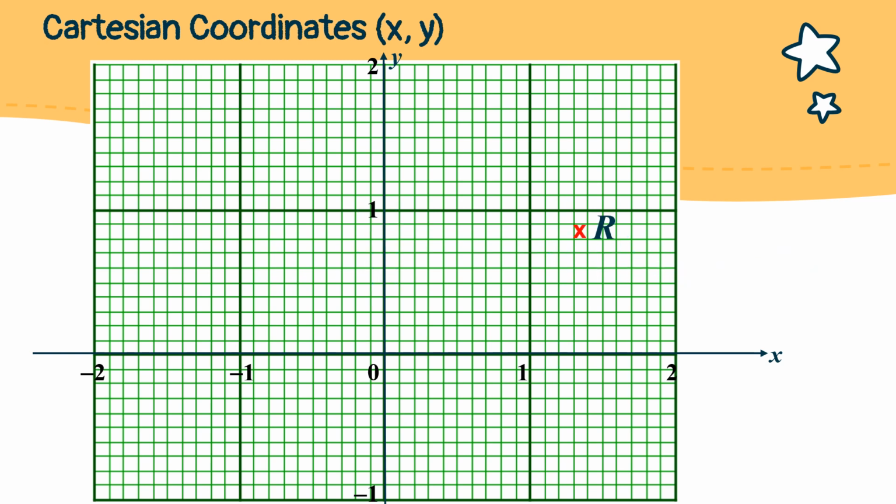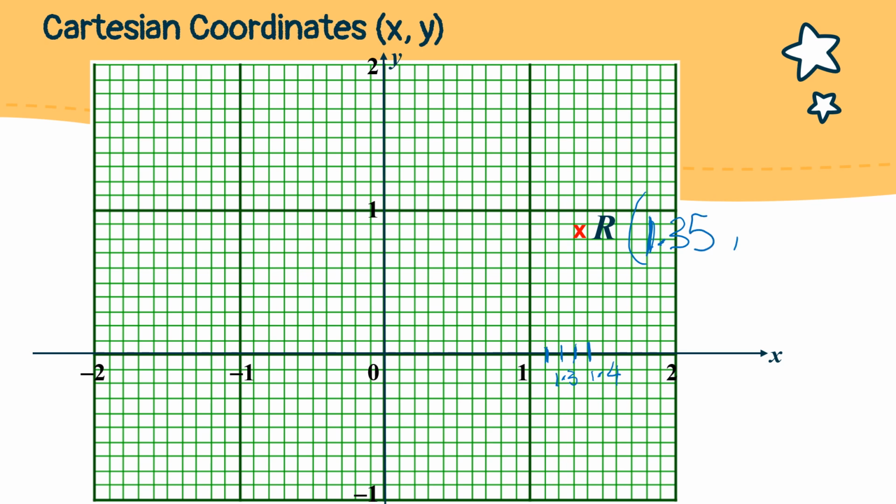Now, what happens if the point is right in the middle of the empty space? So we will count again. We have 1.1, 1.2, 1.3, 1.4. So we will have a point that is in between 1.3 and 1.4. So the x-coordinate must be 1.35.